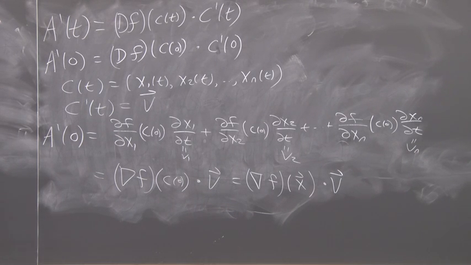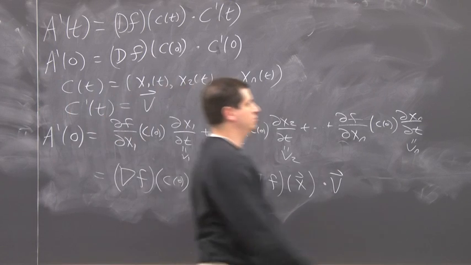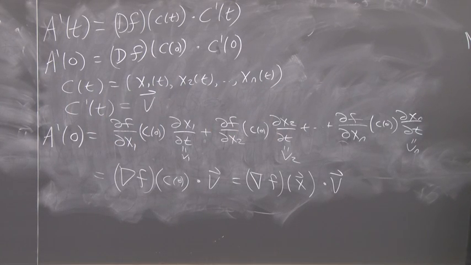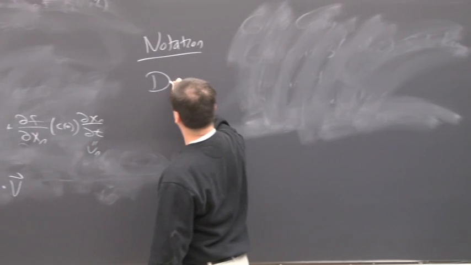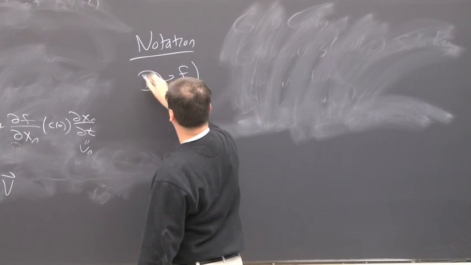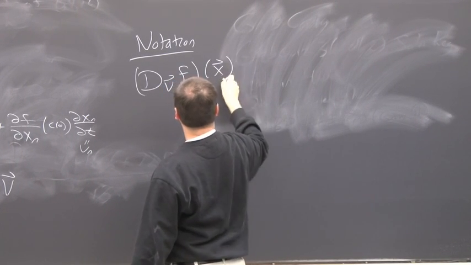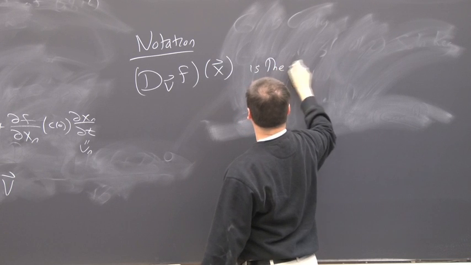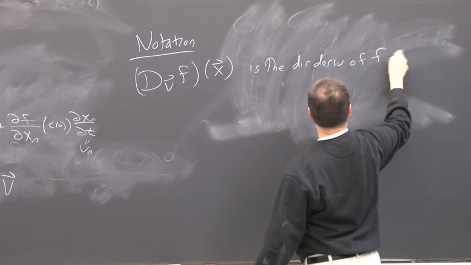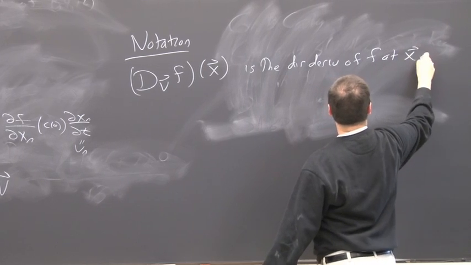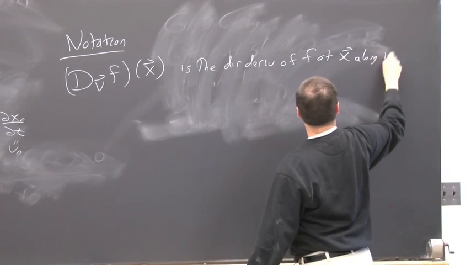So we need notation, and hopefully good notation. We write D_v of f at x for the directional derivative of f at x along v.